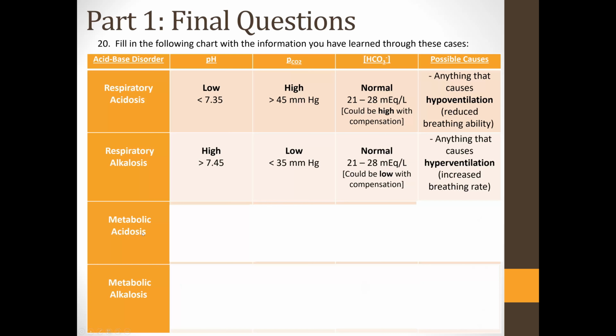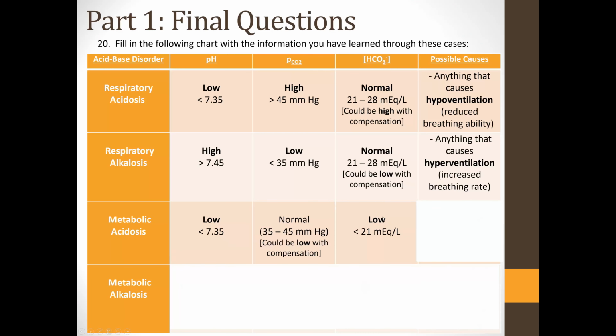So now let's look at the metabolic conditions. Metabolic acidosis: acidosis means lower than normal pH, so my pH would be low. My carbon dioxide can either be normal, between 35 and 45 millimeters mercury, or it could be low if compensation has kicked in. And then the bicarbonate levels will also be low, less than 21 milliequivalents per liter.